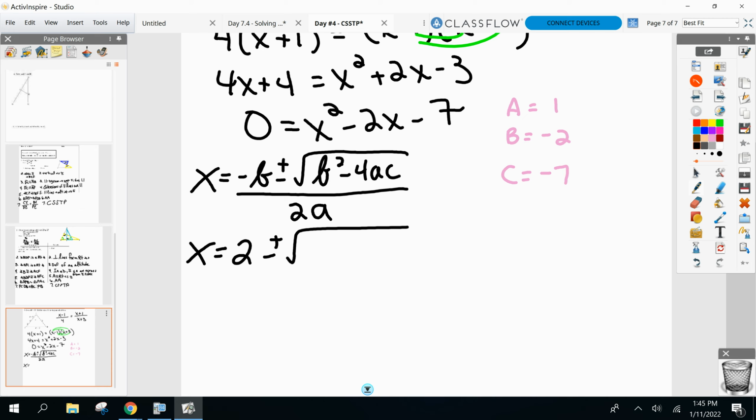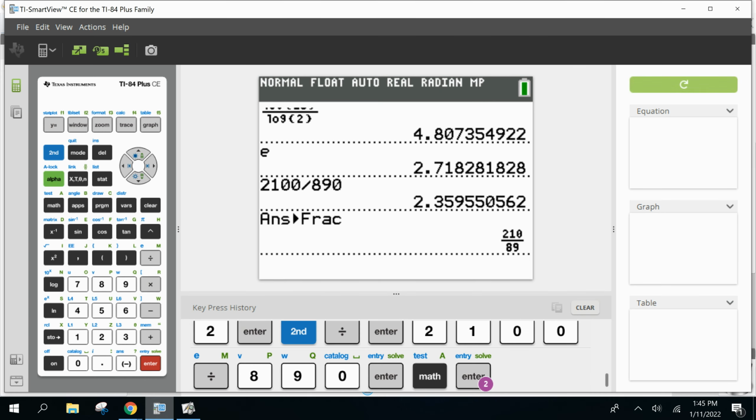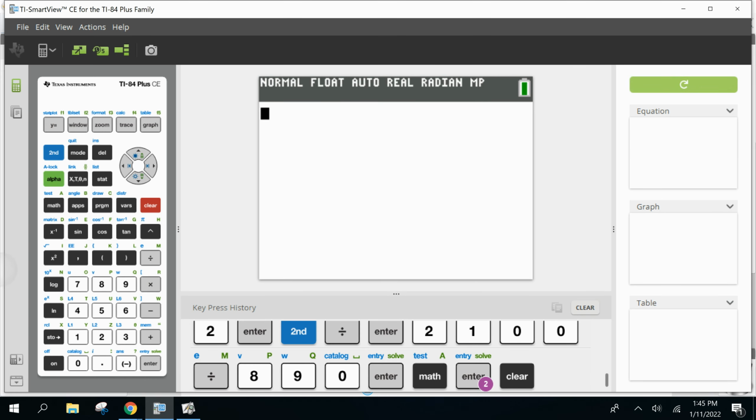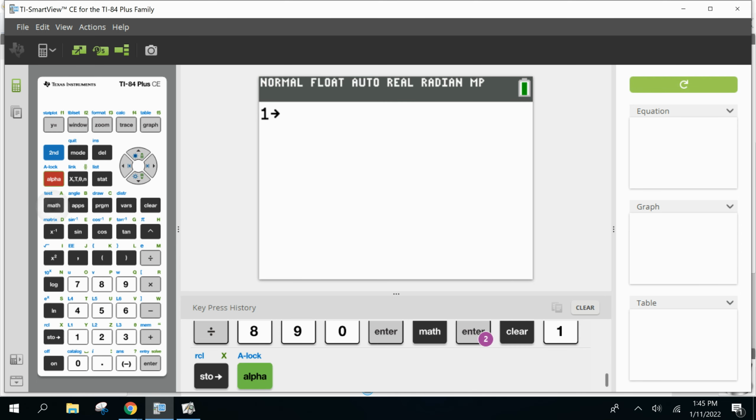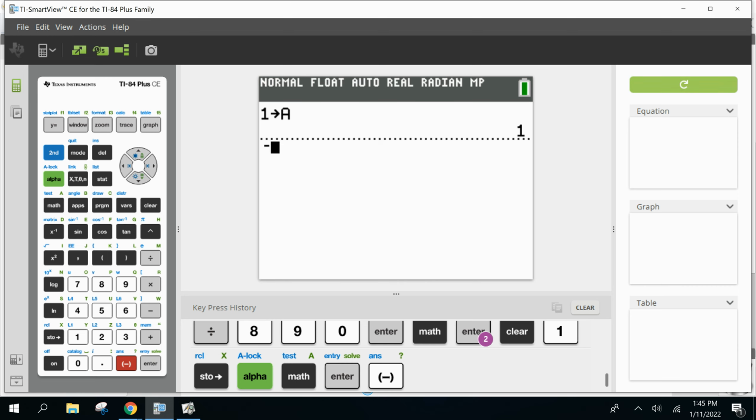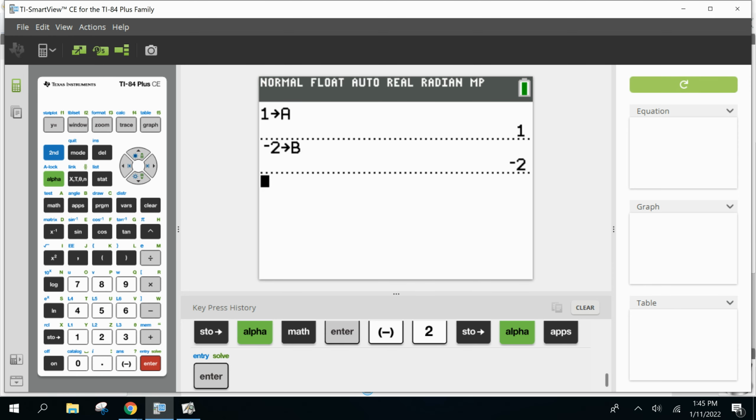Grab the calculator. Let's review again from day 1. A value is 1. Store right to the left of your 1, A, alpha math. What's your B value? -2. Store in for B. Got it. -7.